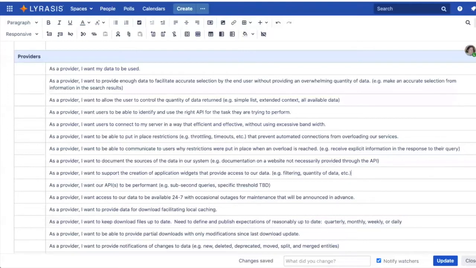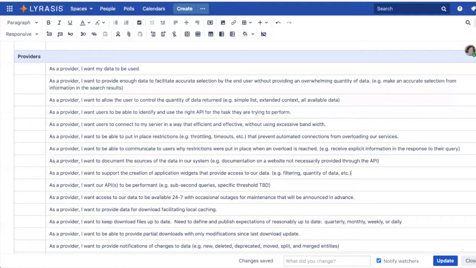I would think that if that's one of the things that we want to provide, then that's a question of what would the API have to do to support something like that? Okay, cool. I don't think we specifically said OpenRefine compatibility in any of the user stories above, but that would be an example of an application widget and what kind of information it needs in order to do that.